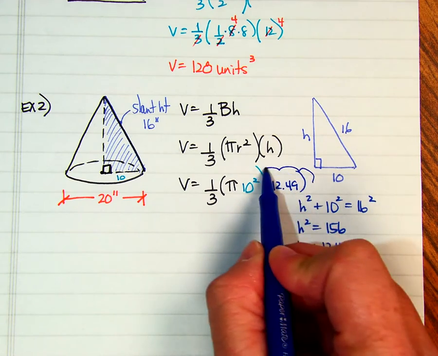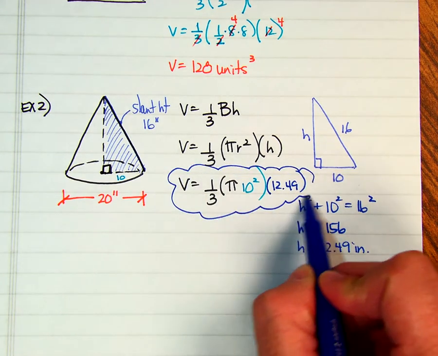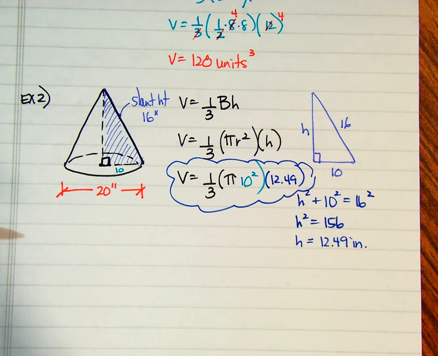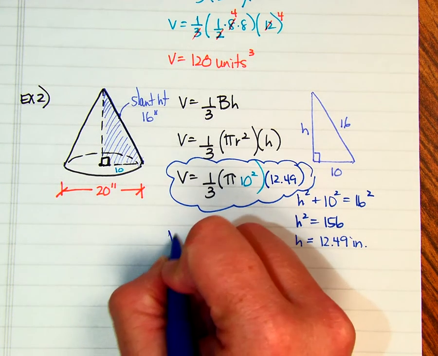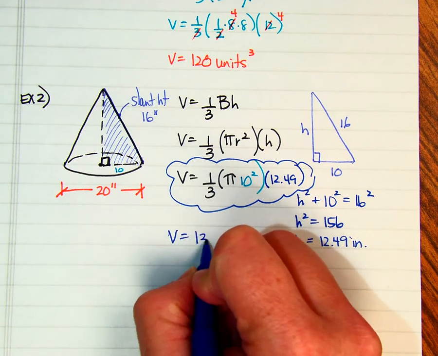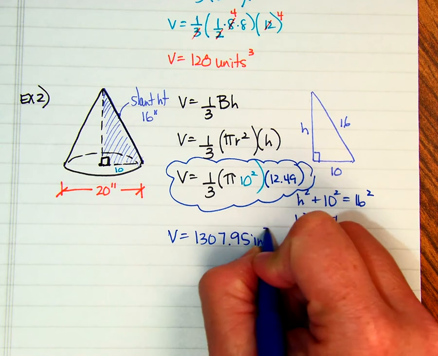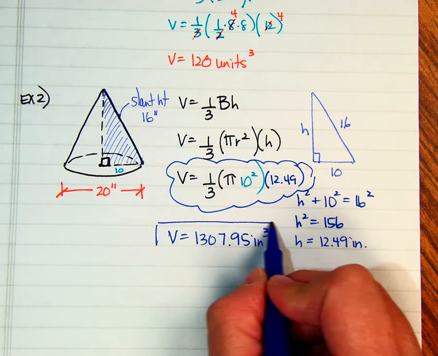So I would chuck all of that into the calculator: 1 divided by 3 times pi times my 10 squared times my 12.49, and I get a volume of 1,307.95 inches cubed.